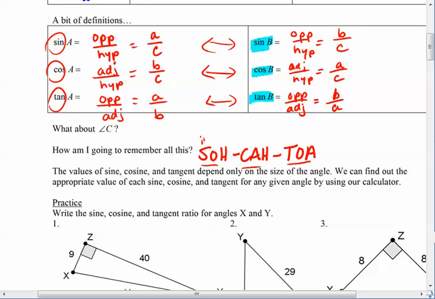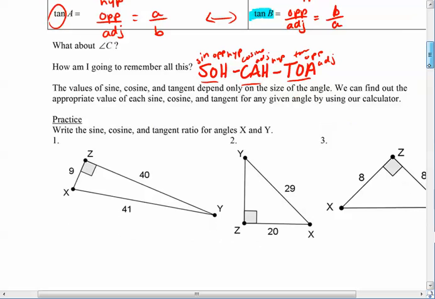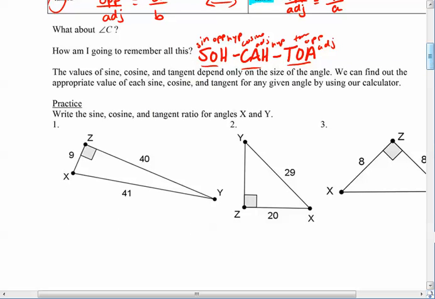Well, the sine is opposite over hypotenuse. The cosine is adjacent over hypotenuse. And the tangent is opposite over adjacent. SOHCAHTOA. You should write that down on your test as soon as you get them so that you can remember how all these ratios work.